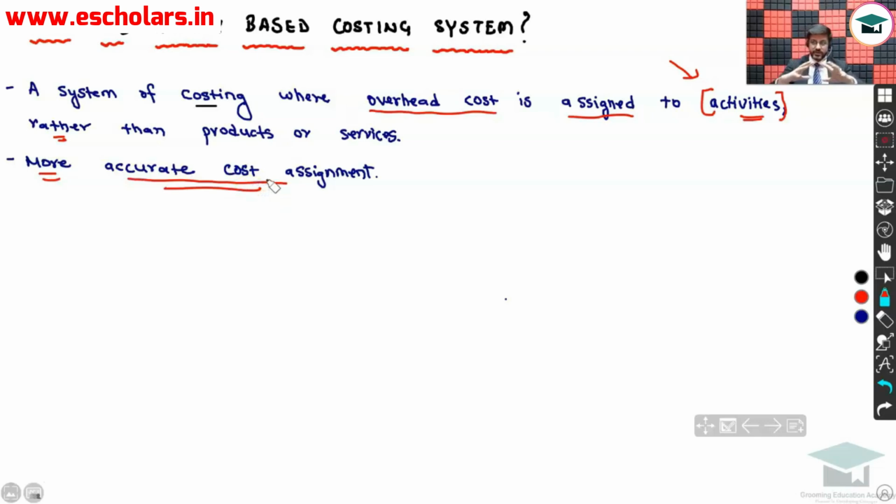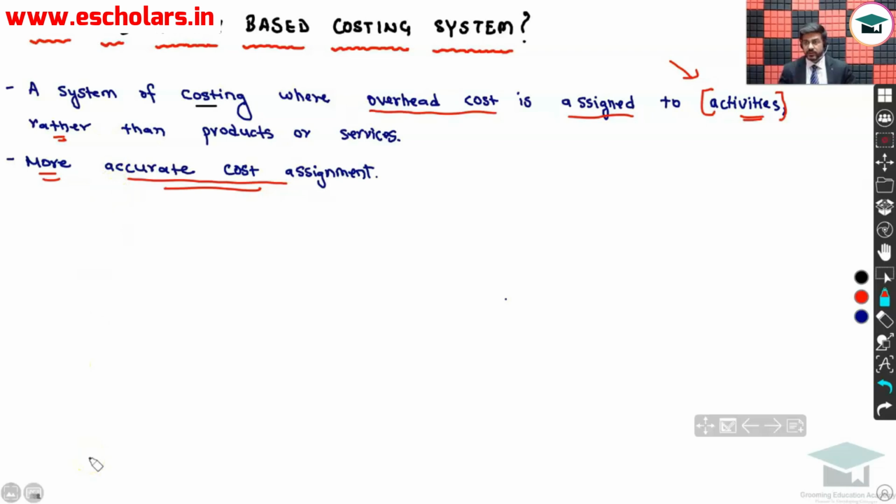The cost which you assign using these activities will give you accuracy of cost, and I will show you with an example how this accuracy comes. So this was just the introduction of the activity based costing system. I hope you got the part, basically what ABC is.